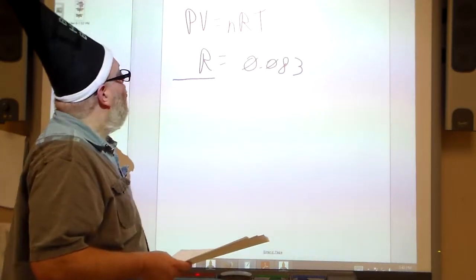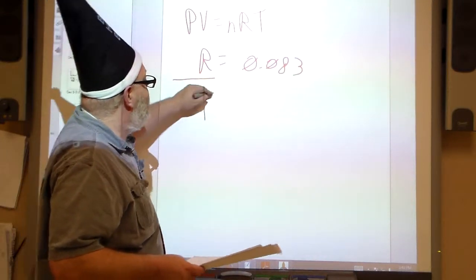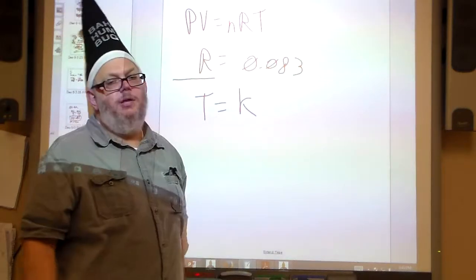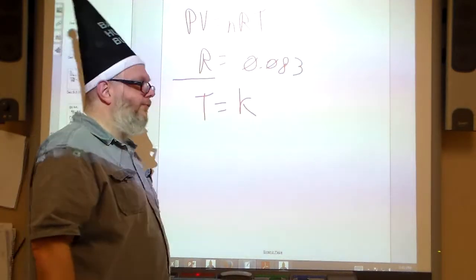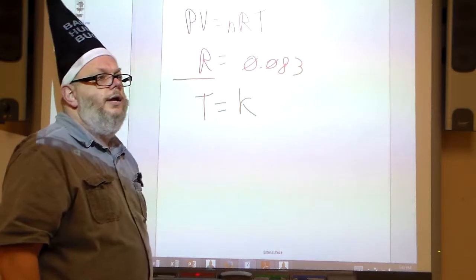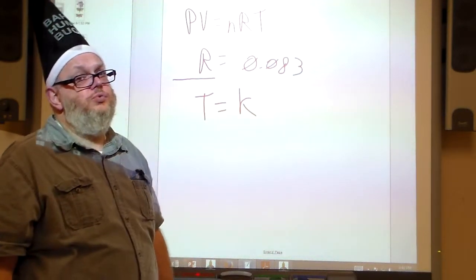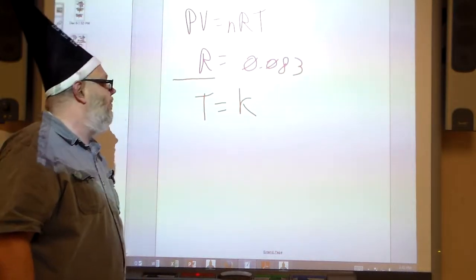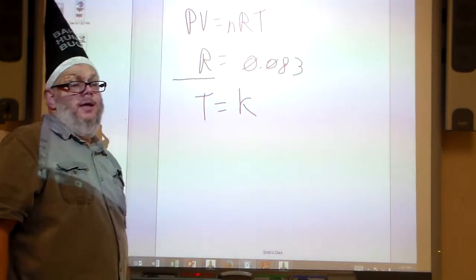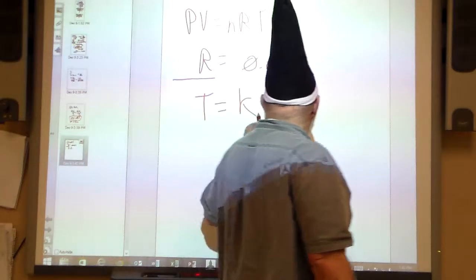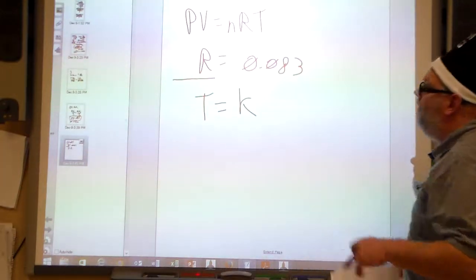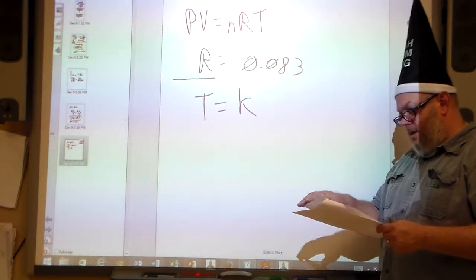Now, when you are converting, remember the temperature has to be in Kelvin. I'll give you the formula for that. In this case, I'm just going to stick with 273, although on the exam, you should do 273.15 to be technical about this. So the temperature should be in Kelvin, absolutely.